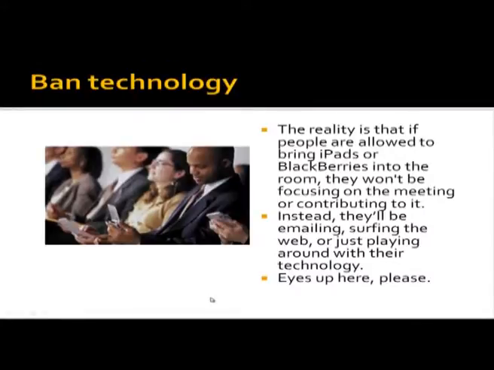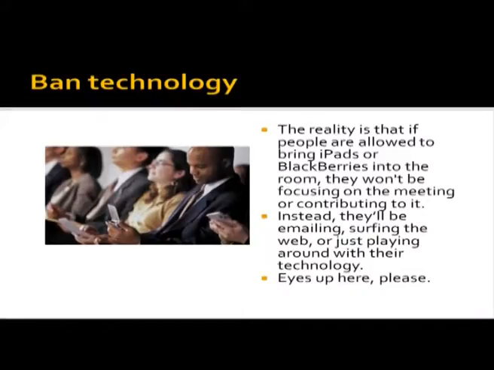And if people are doing that, you can take it for granted that they are not going to contribute to the meeting because they're not paying attention to what you're saying. Instead, they'll be emailing, surfing the web, or just playing around with their technologies. So make sure that eyes are up there, looking at you or whoever's speaking.